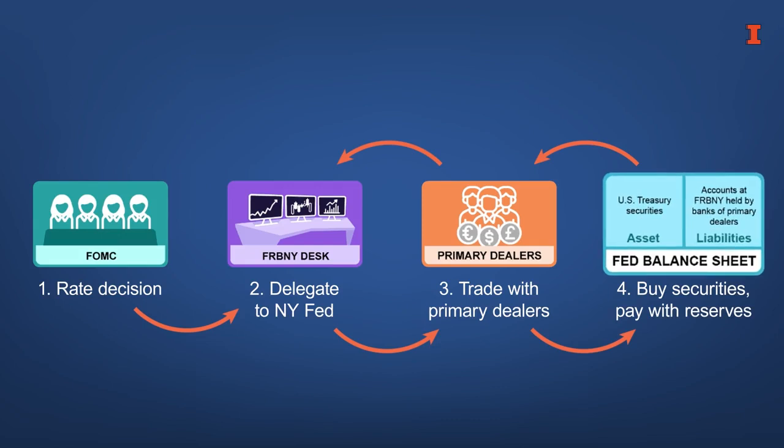On the asset side, we add the purchased securities, and on the liability side, reserves increase. These are new reserves that the Federal Reserve creates. Remember, the Fed controls the monetary base, so it is free to create these reserves.